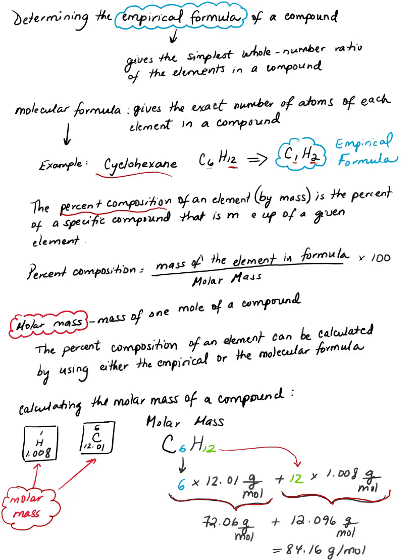So the first term here corresponds to the amount for carbon, and the second term is for your hydrogen. When you add everything together, you will get 84.16 grams per mole. So that number is the molar mass for cyclohexane.